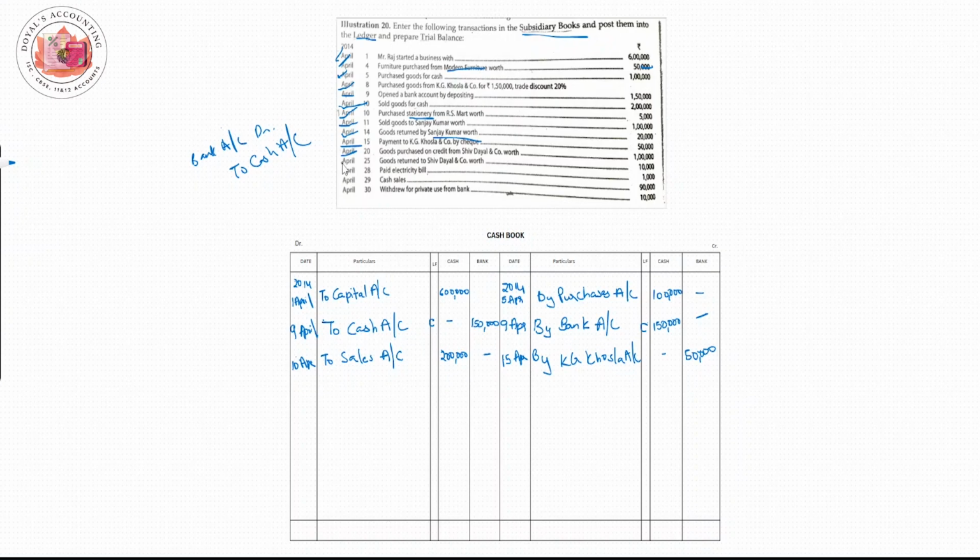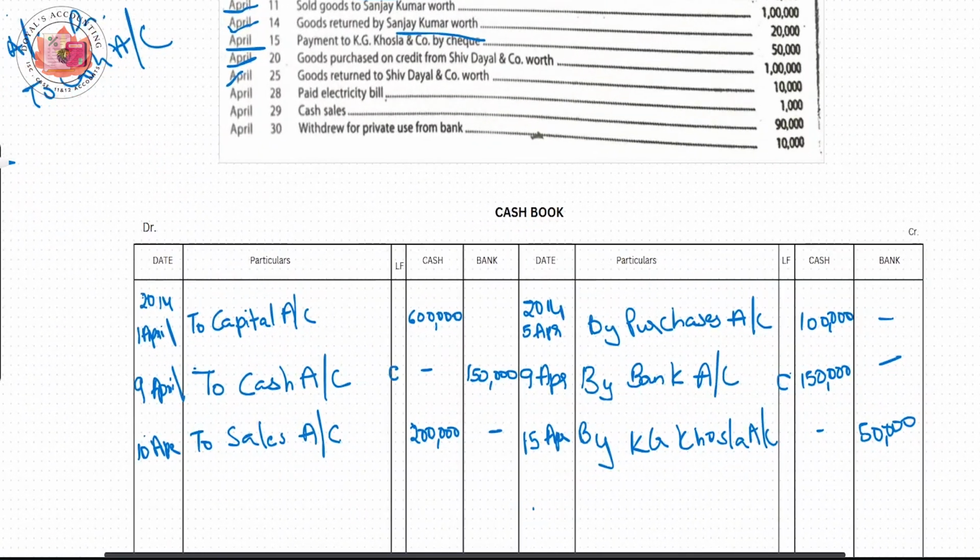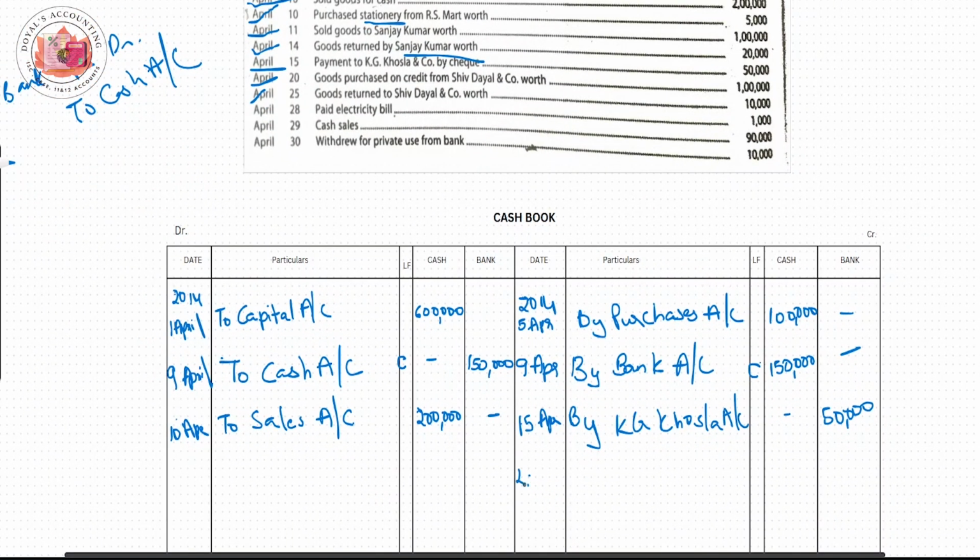On 25th April, yeah, okay, we have done that. We just finished this. Now we have paid electricity bill worth rupees 1,000. So this I will record in my cash book. 28th April, by electricity bill, 1,000 rupees.